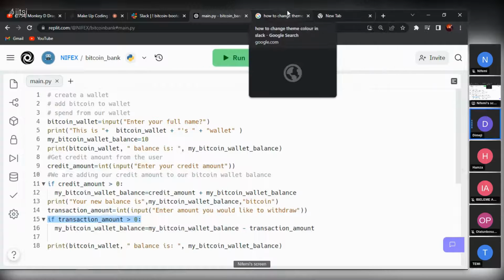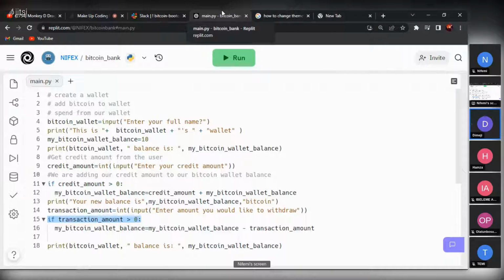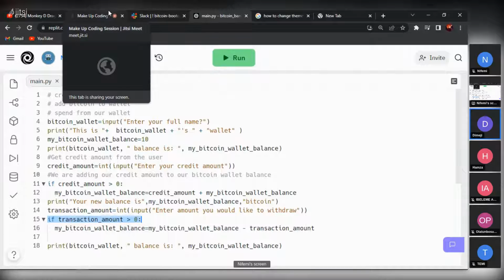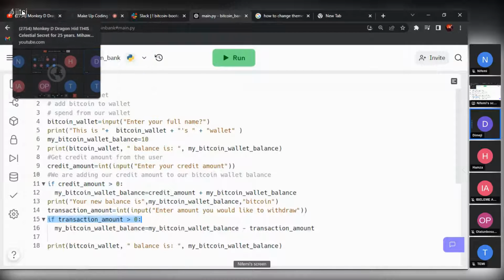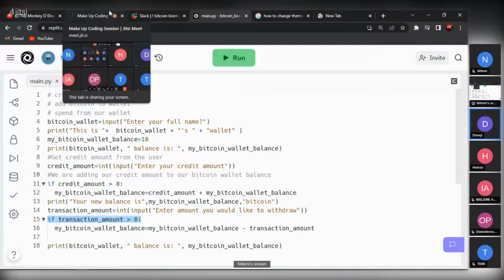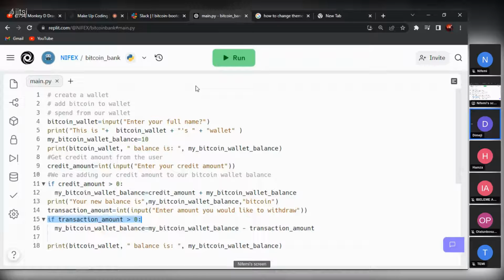If you put the minus sign, would it withdraw anything? It won't. Don't worry. Once we are done with this, just listen through. I will ask you to share your screen, then we can round up from there. Does that make sense?